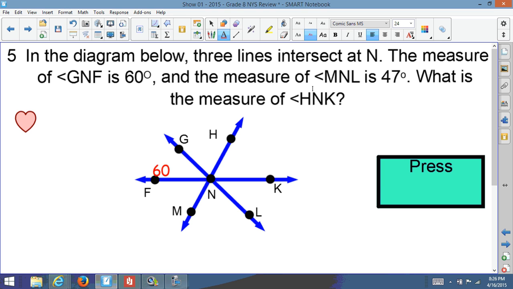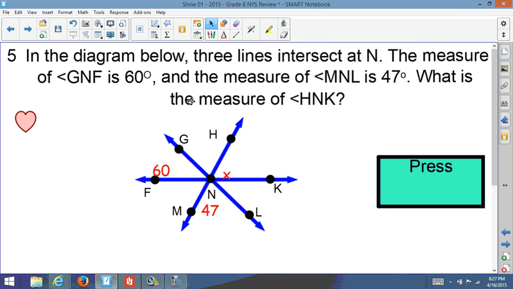Now let's follow the next angle, angle M, and follow the letters N, L. So down here is 47 degrees. And we're looking for the measure of angle H. So follow the letters N, K. So we're looking for this one.